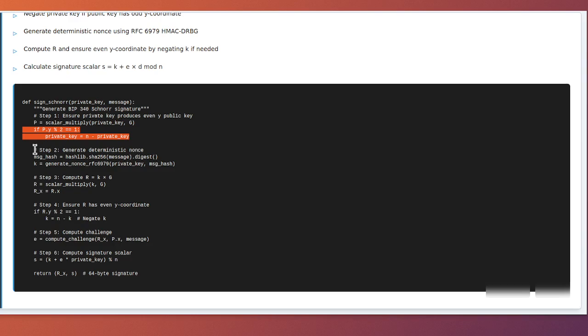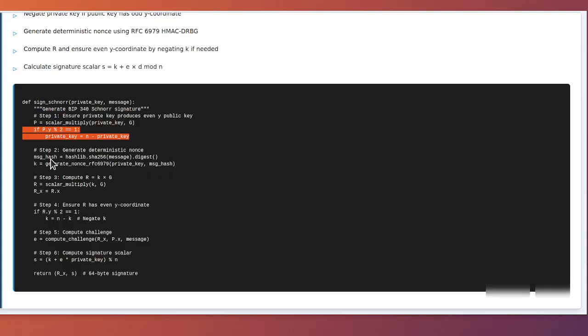If the y-coordinate is odd, we replace d with n minus d, which is equivalent to negating d modulo n. This negation also negates the point P, giving it an even y-coordinate. This step ensures consistency with the BIP 340 specification and allows for more compact public key representation.